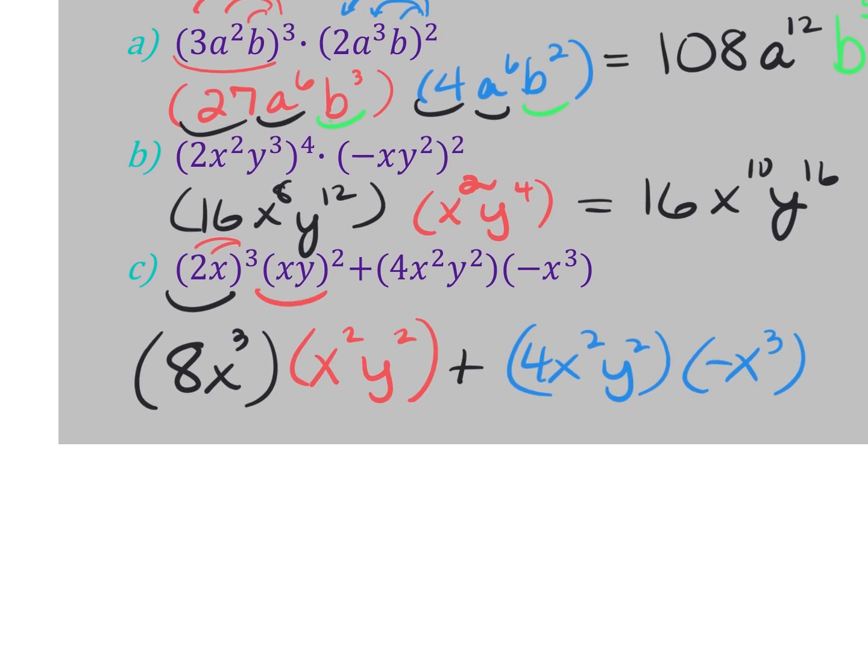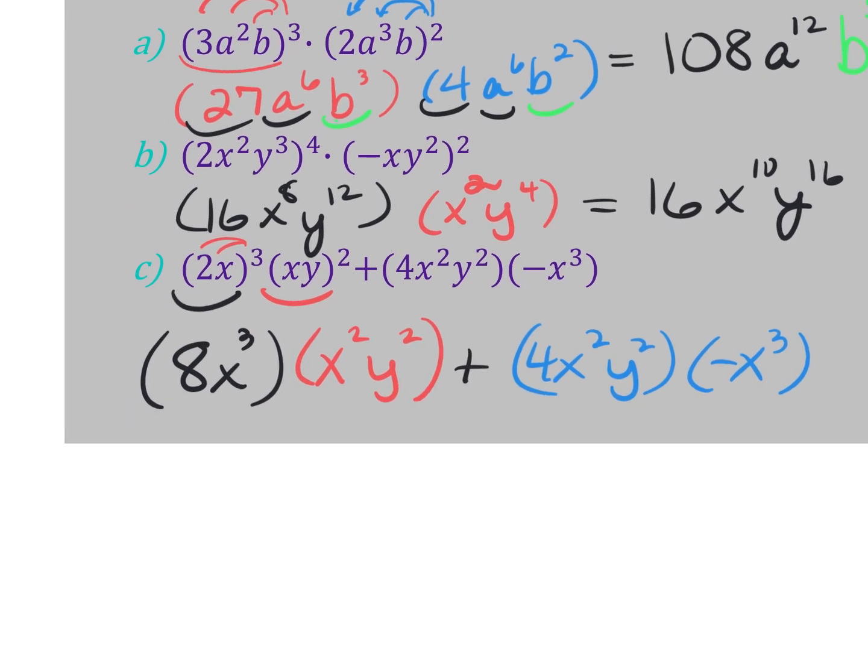And now I'm going to multiply each one. So again, coefficient here is assumed to be a 1, so it just gives me an 8. Add the exponents on the x's. And then over here, same thing. You could assume that this is a -1. So then this becomes a -4. And then x to the 5th, y to the 2nd.